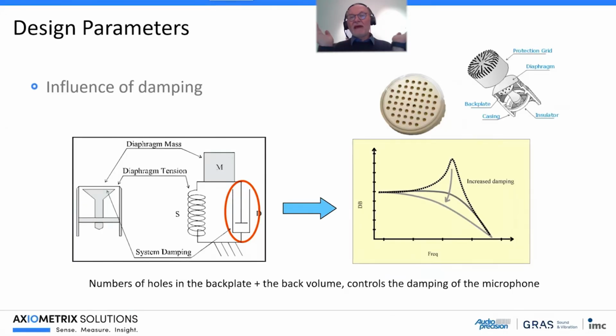If we have no damping, we will have a huge resonance peak. If we have a lot of damping, the useful frequency range will be very small. So we want something in between, a wide useful frequency range, by having the right amount of holes in the back plate plus the right size of the back volume.